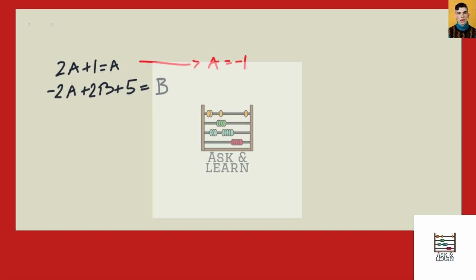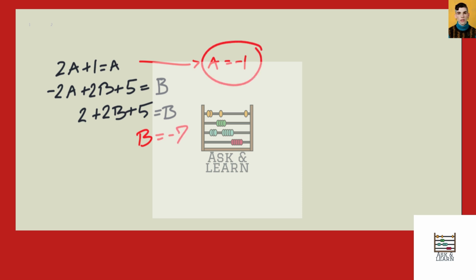Now we can put this A equal to negative 1 into the second equation, and that would give us 2 plus 2b plus 5 is equal to b. With a little bit of algebra, we get that b is equal to negative 7.